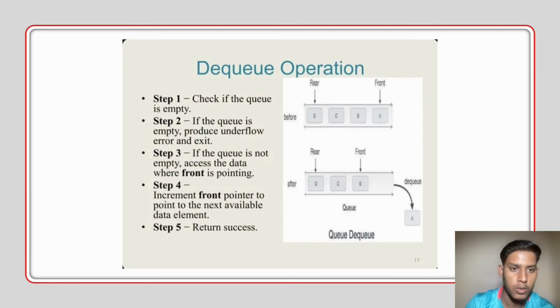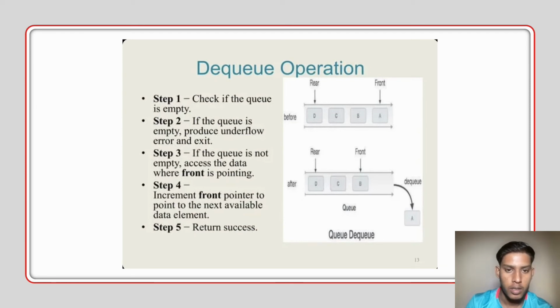Dequeue operation is similar to the enqueue operation. In the enqueue operation, the element enters from the rear side, but in the dequeue operation, the element is deleted from the front side, and these are the 5 steps that can be performed in the operation.